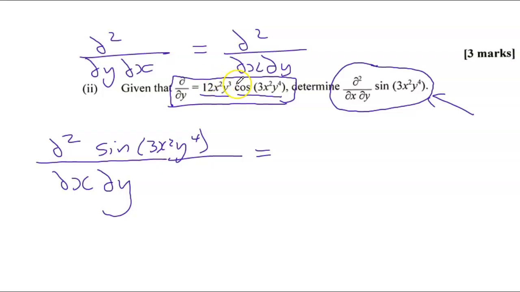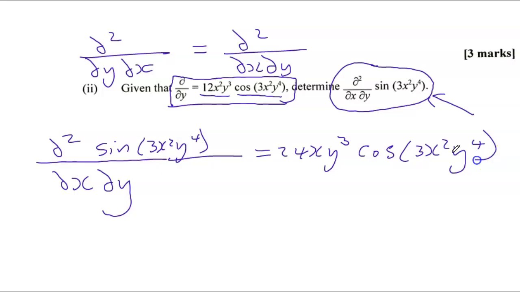Differentiating 12x squared y cubed with respect to x simply means you multiply by the x power and subtract 1 from the x power. So 2 times 12, that's 24x y cubed. Since I'm using the product rule, I'll leave the cosine alone: cosine of 3x squared y to the 4th power.